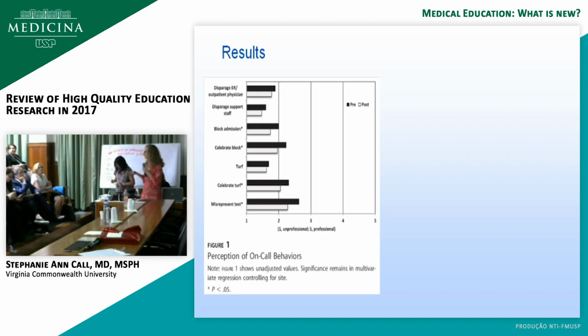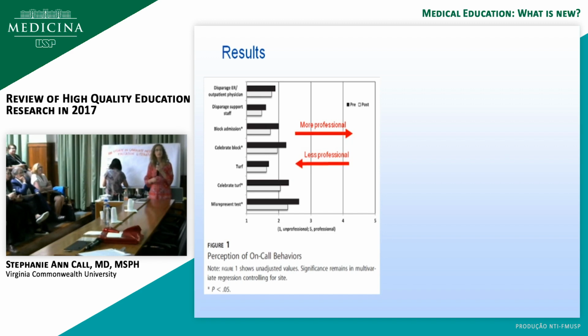I was worried about that word, might not work, but so on the scale on the bottom, professional is 5 all the way to the right. So more professional is up there, less professional down there. And these are the residents' perceptions of their behaviors. Do I, as an individual, demonstrate these behaviors?